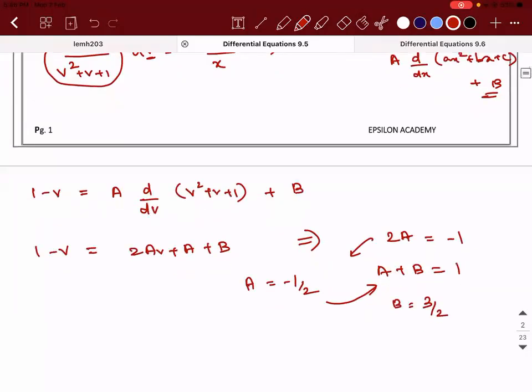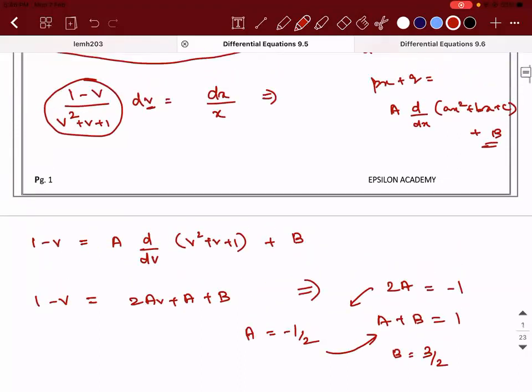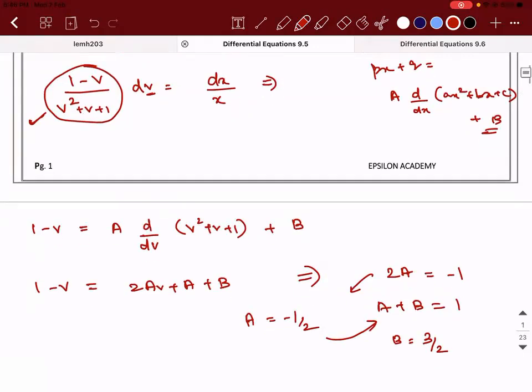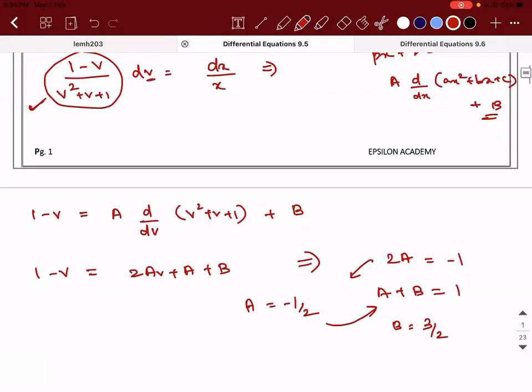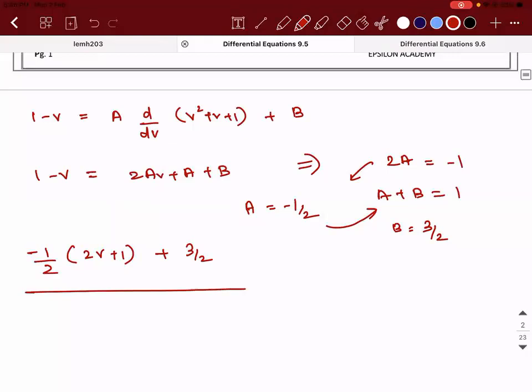Right. So what can I do to this equation? I can write it as minus half into 2v plus 1, plus 3 by 2, the whole divided by v square plus v plus 1 times dv is equal to dx by x.